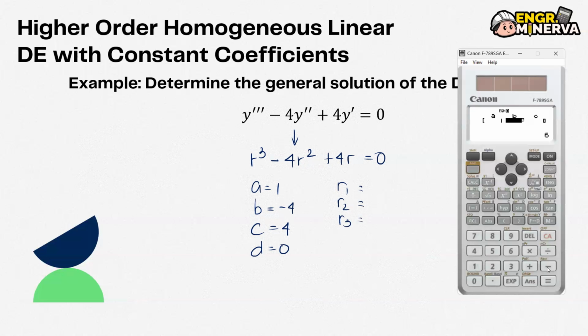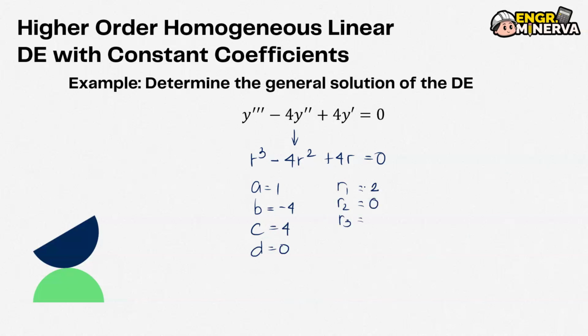Okay, 1, negative 4, 4, 0. 2 and 0. Okay, let's check. We can factor out in the characteristic equation only r. So if only r can be factored out, it means there is only one 0. So it means the other root is 2.